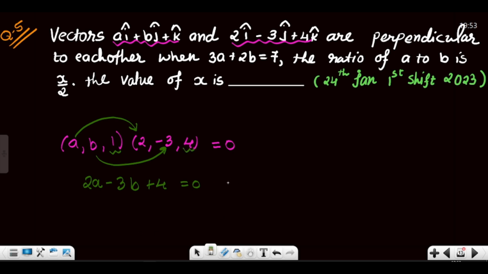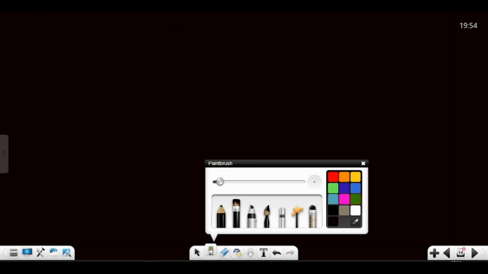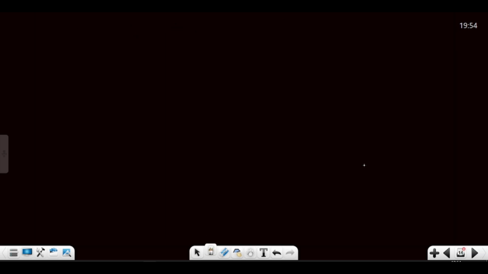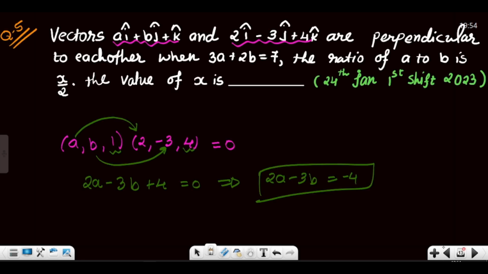So we have the equation 2a minus 3b equals minus 4, and another equation is 3a plus 2b equals 7.